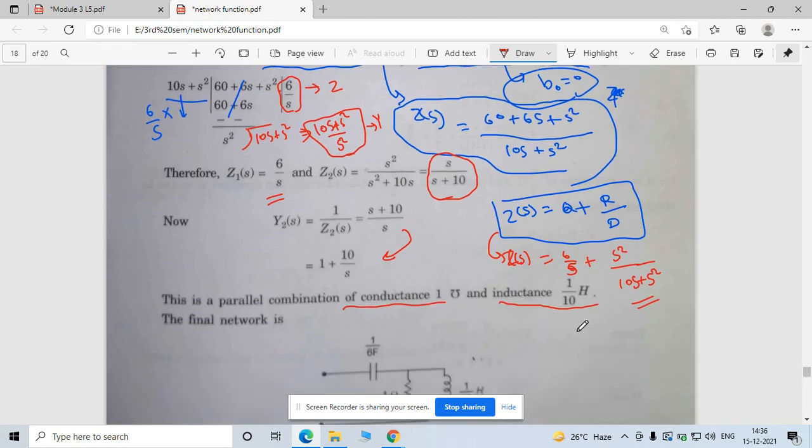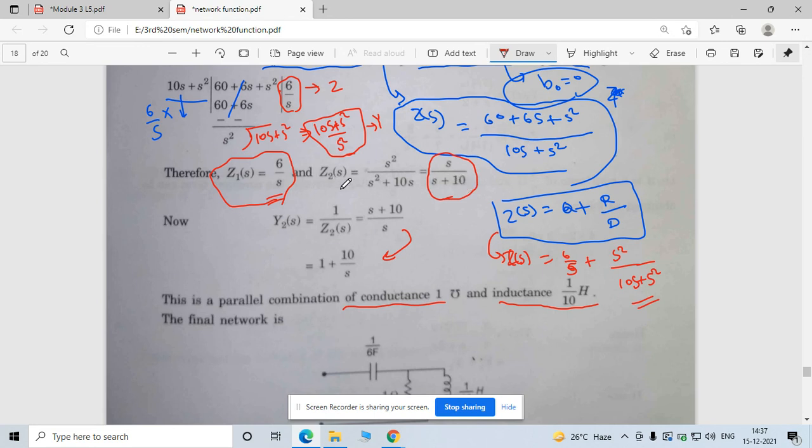So now see, in the first case, we break this equation by dividing it in this format. By this you can get Z1 of s and the second Z2 of s. By looking at this Z2 of s, you can clearly observe this is some combination, right? But this is quite difficult.